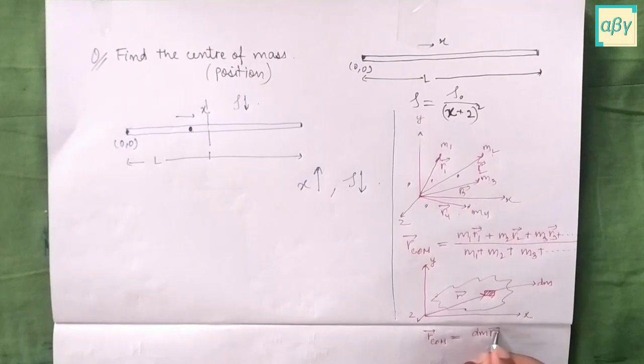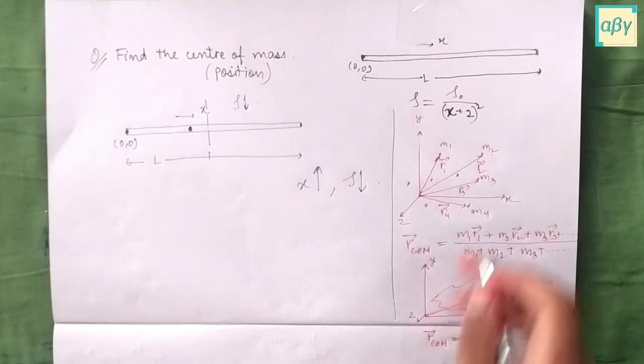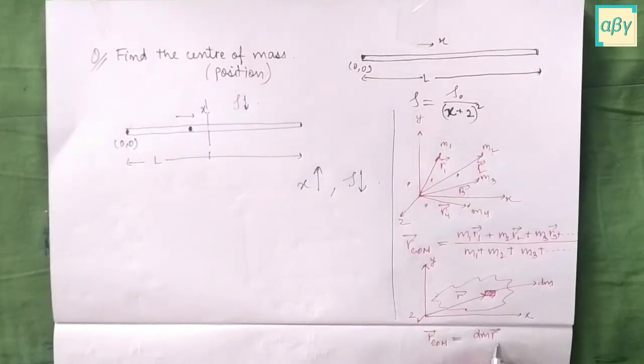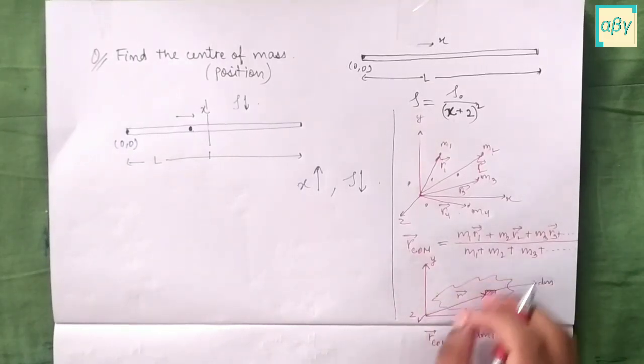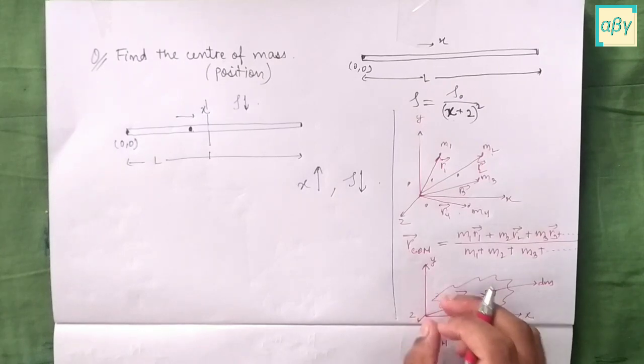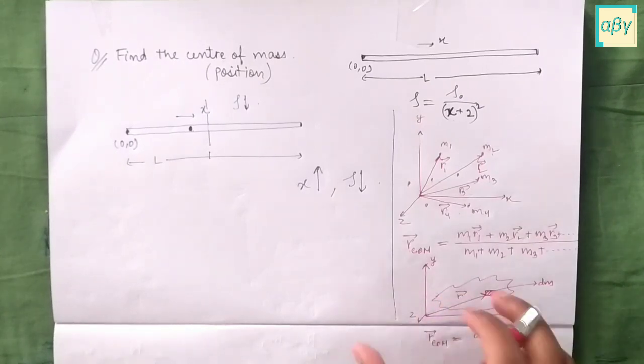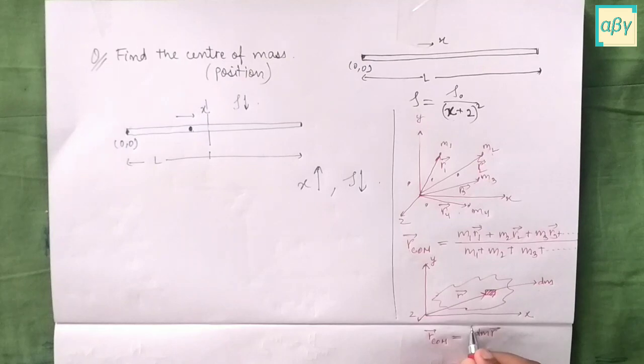dm r vector in the numerator, in the pattern which we had derived for the point masses. Now this continuous mass is made up of a large number of dm which are at different r vectors. So we have to add them all up. For that we will use integration.